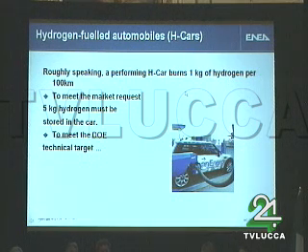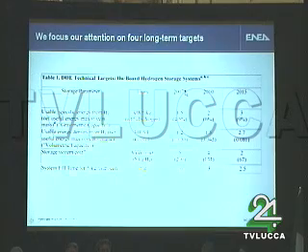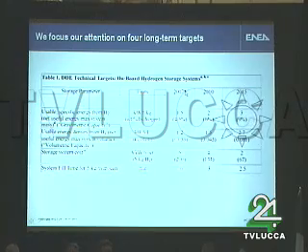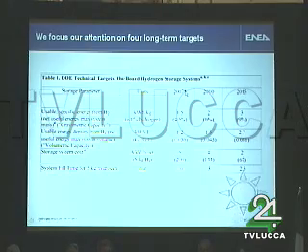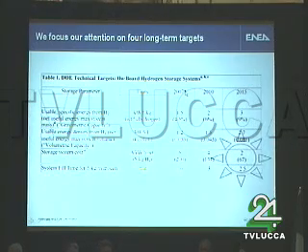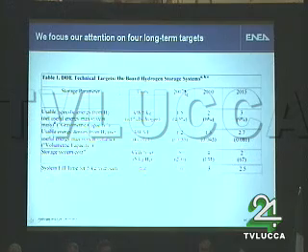To meet the DOE technical targets, we need high gravimetric capacity, as high as 9%, and high volumetric capacity. The storage system cost should also be very low, and the system fill time should be as low as 2.5 minutes.